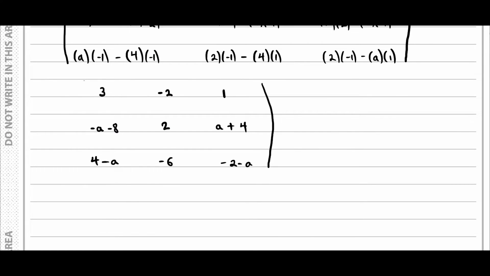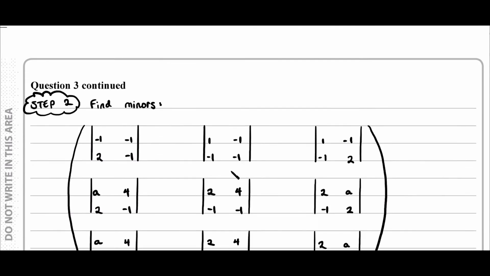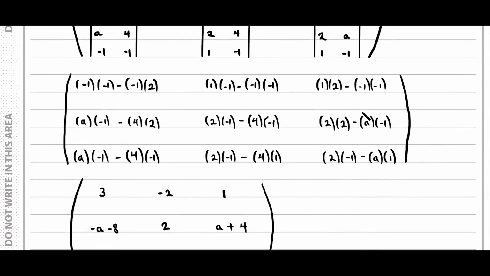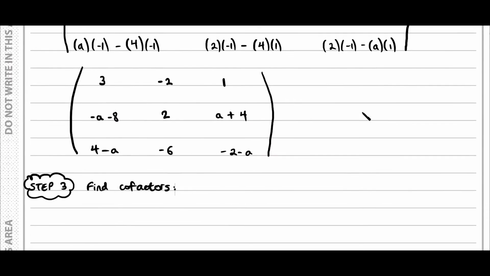And our third step would be to find the cofactors. So let's just write this down. Step 3, that would be to find the cofactors. So if we find the cofactors, we need to use what we had over here shown in grey. So the cofactors, if we draw out our matrix, remember we had plus, minus, plus, minus, plus, minus, plus, minus, plus.